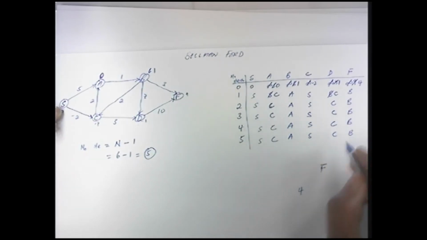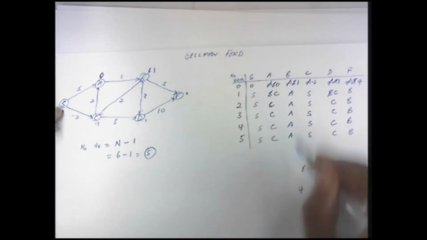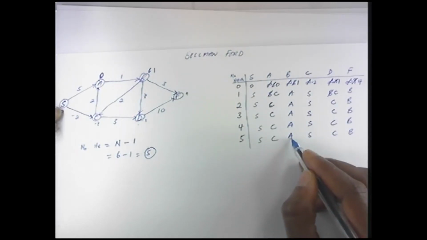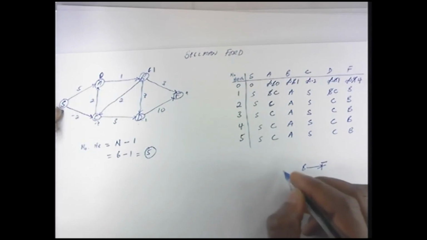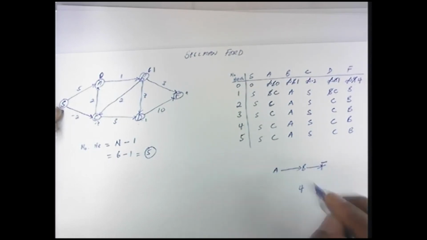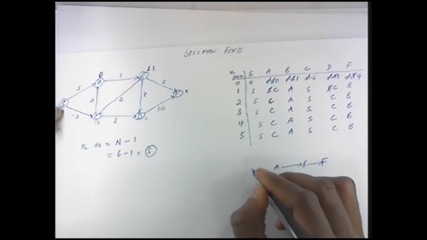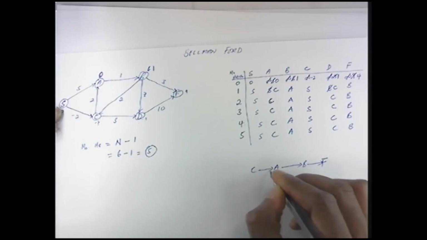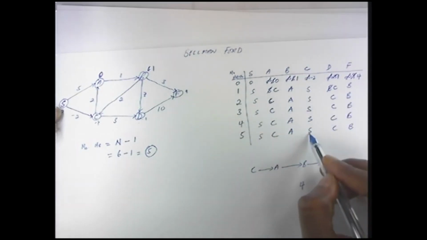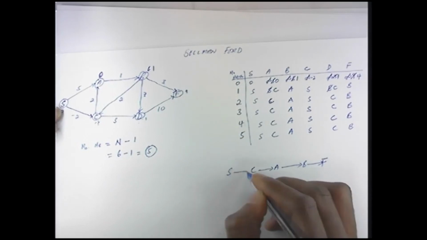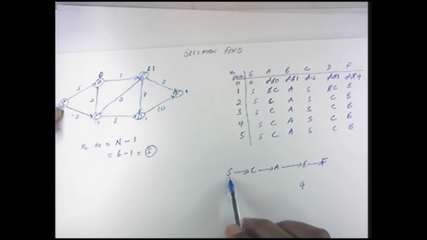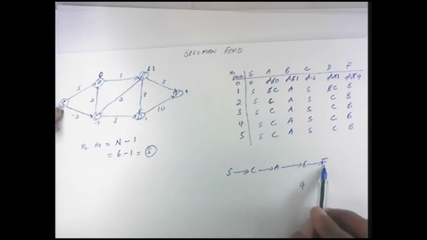Now to F, we need to come from B. Then from B, we need to come from A. Then from A, we need to come from C. Then from C, we go to the source, S. So we have S, C, A, B, F at a cost of 4.